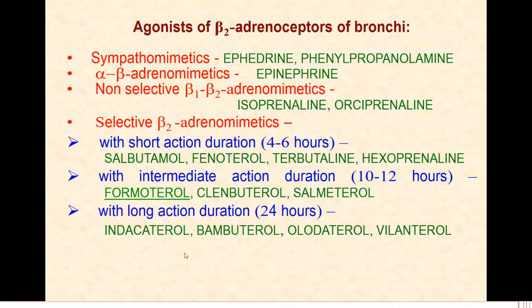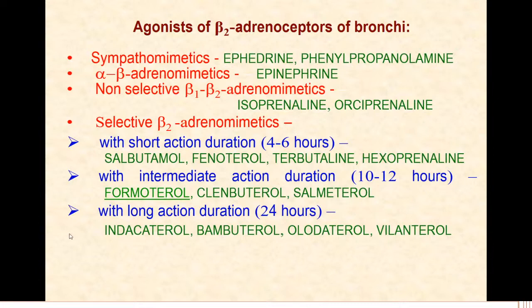So appeared the drugs indacaterol, bambuterol, olodaterol, and vilanterol. One inhalation of each causes effect for 24 hours. Only one inhalation and prevention of attacks for day and night.